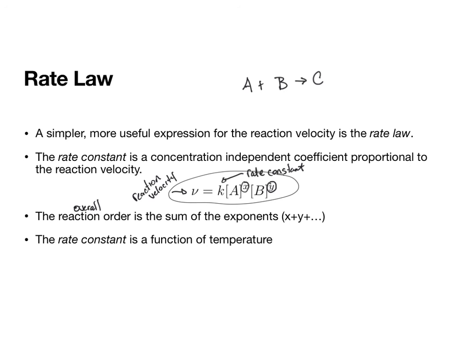These values, x and y, are experimentally determined. And with this, we find that the rate constant is a function of temperature. And so this rate law is only true, and the rate constant is only a constant, if we are at constant temperature.